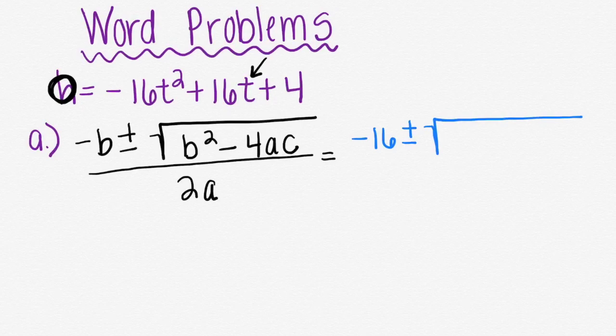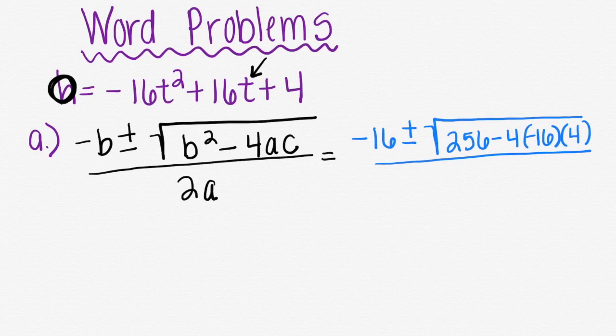Okay, 16 squared is 256 minus 4. A is negative 16. C is 4, all over 2 times negative 16.